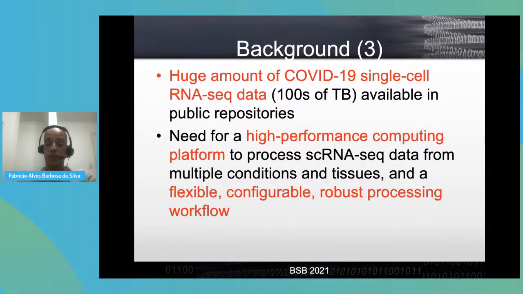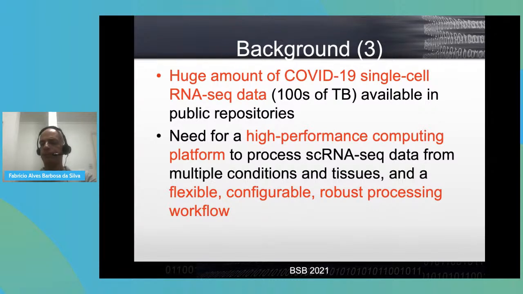And normally when you publish a paper in Nature and Science, you make the data set available for other researchers to eventually investigate other questions. So what we have today is hundreds of terabytes of COVID-19 single-cell RNA-seq data available in public repositories, and we are moving fast to the petabyte scale.